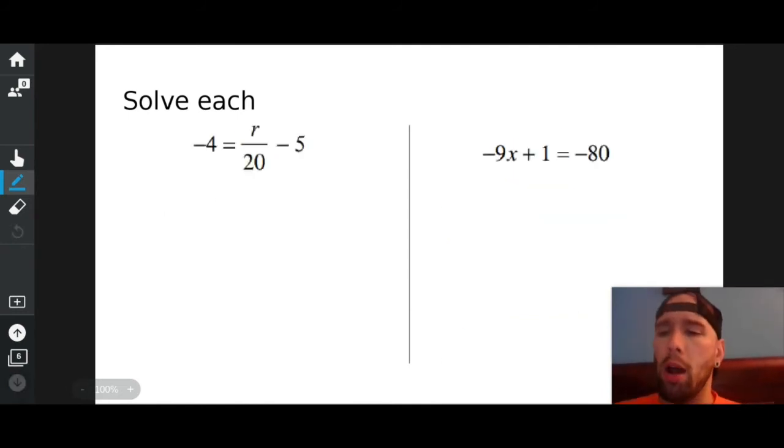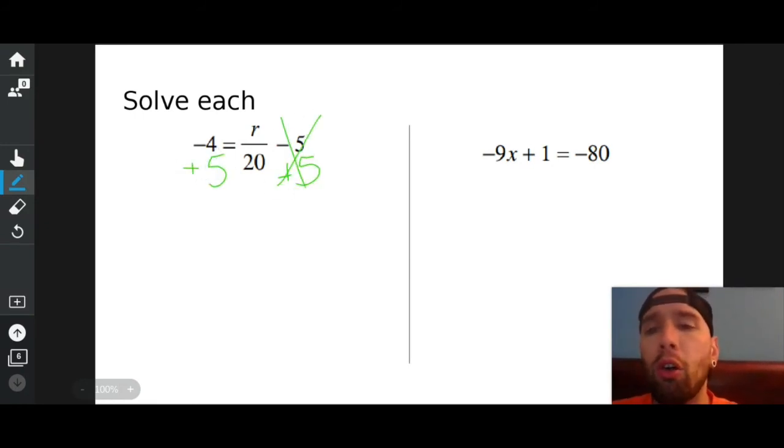Alright. Look, we're at our last page already. This is a quick one. Is r all by itself? No. What's in the way? Divided by 20. Anything else? Minus 5. Which one should I get rid of first? The one that's floating around. Minus 5. How do I get rid of minus 5? Add 5 to both sides. Plus 5, cross you out. On the left side, I have negative 4, but I gain 5, which gives me positive 1.